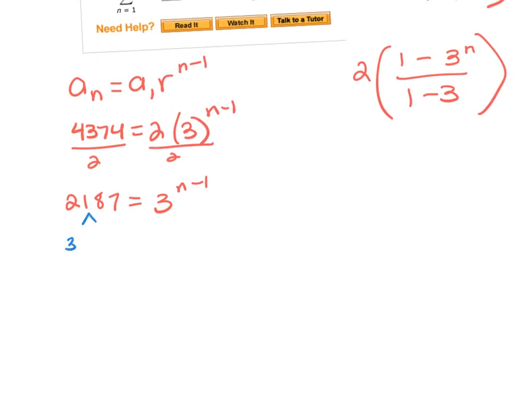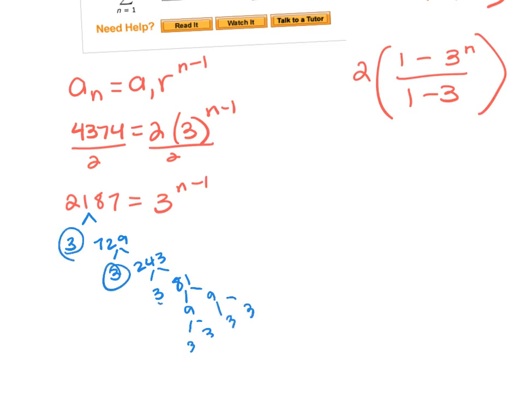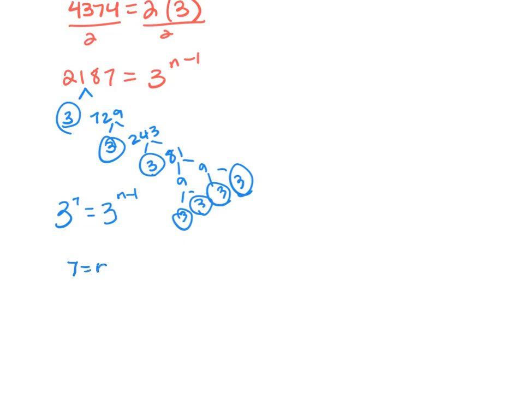So 3 goes into 2,187 to give 729, 3 goes into that to give 243, 3 goes into that to give 81, then 9 and 9, 3 and 3, 3 and 3. There are 1, 2, 3, 4, 5, 6, 7 threes, which means 7 equals N minus 1, and N equals 8.